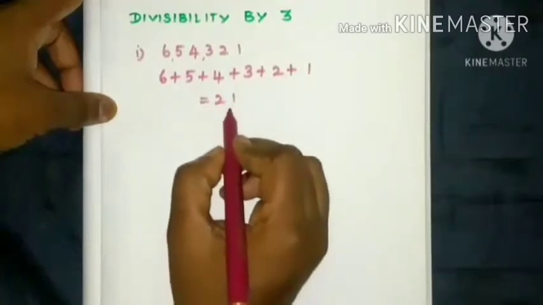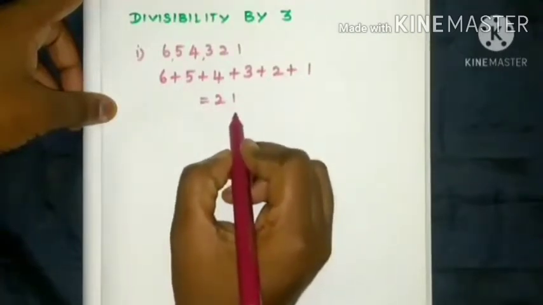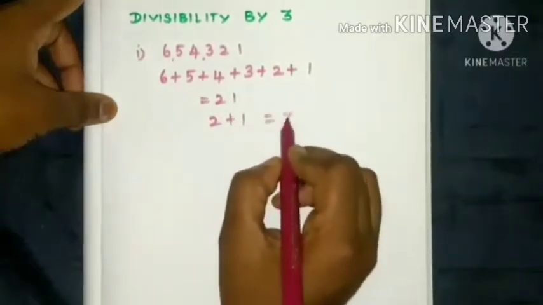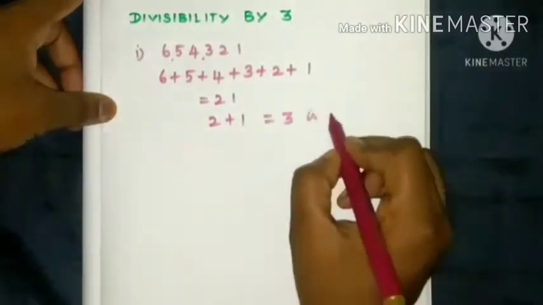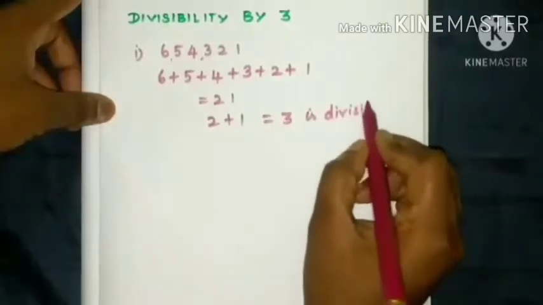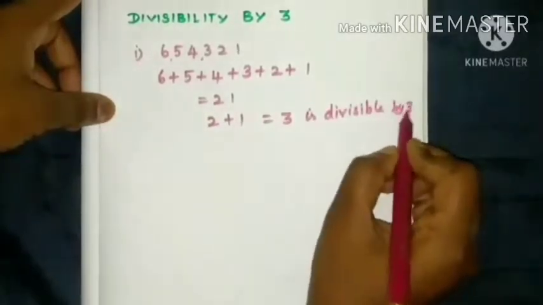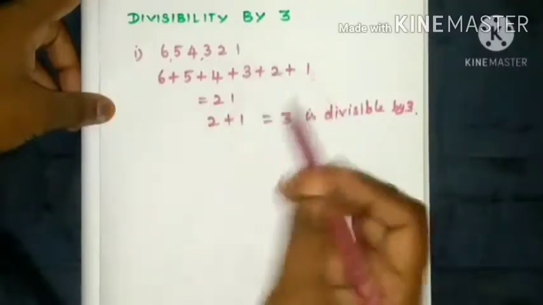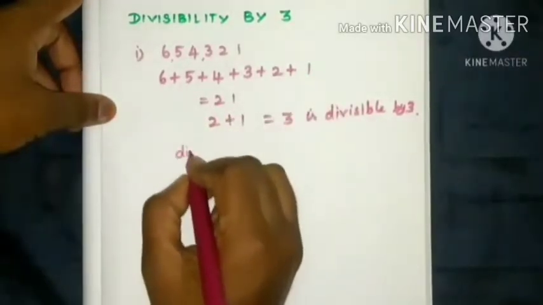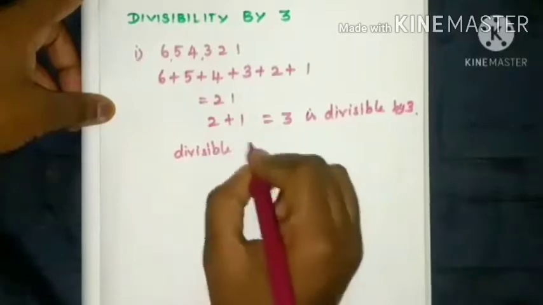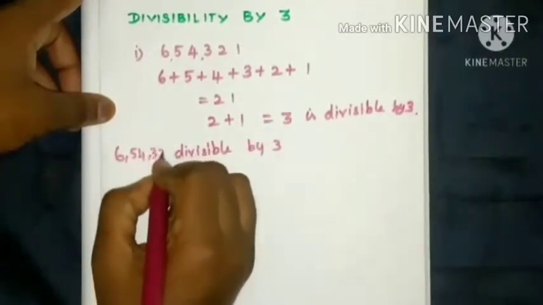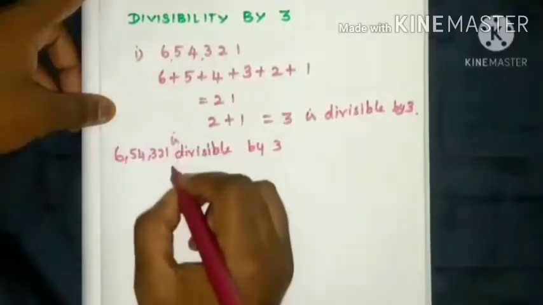Then you have to find the sum of the digits for 21. 2 plus 1 is 3. 3 is divisible by 3. Hence 6,54,321 is divisible by 3.